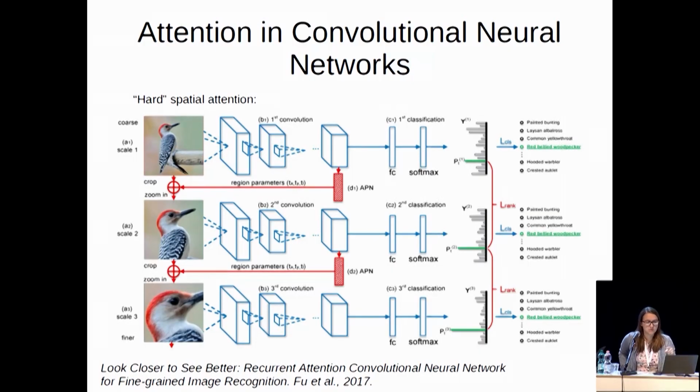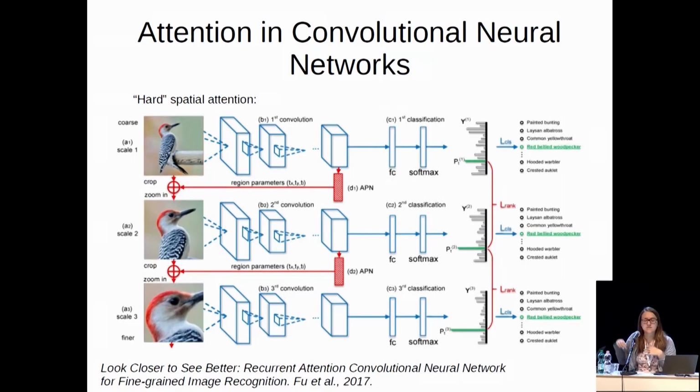In this example, the first thing you give the model is a coarse, zoomed out image, and it gets sent through the model like normal, but rather than just offering a classification, like what bird is this, part of the model is read out as a way to say what part of the image it wants to see next.